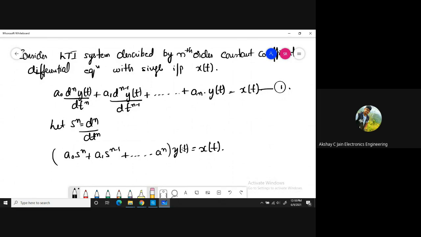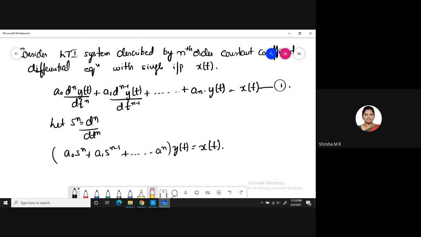Yes, ma'am. So the system which we are investigating is an LTI system. LTI means linear time invariant system, so it will obey the principle of superposition as well as time invariance.